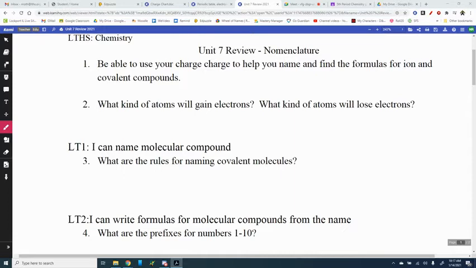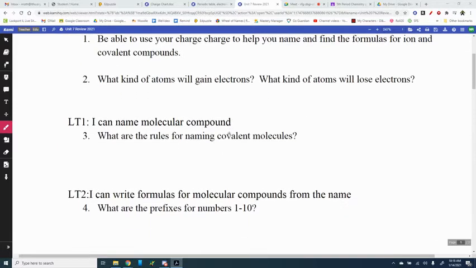Generally metals lose electrons, which make them positive ions. However many electrons they lose is what determines the charge, and same with however many electrons it gains. If you gain 2 electrons, you're -2. If you lose 3 electrons, you're +3, and so on.